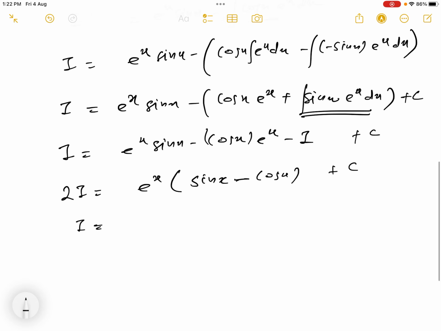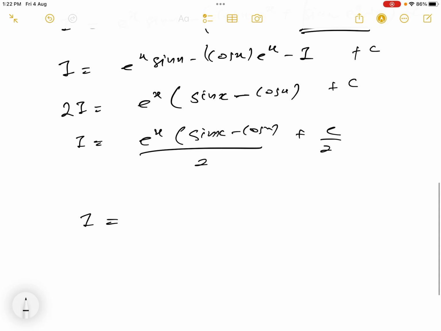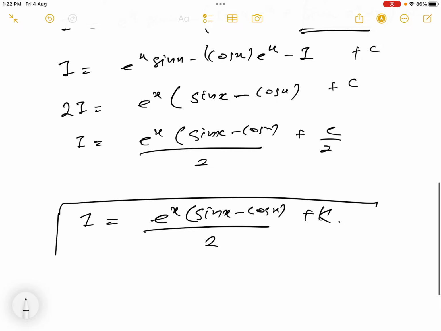So I will be equal to e power x into sin x minus cos x upon 2 plus the constant of integration. So I can say that I equals e power x into sin x minus cos x upon 2 plus some constant of integration k, that is equal to c by 2. So we have solved this equation.